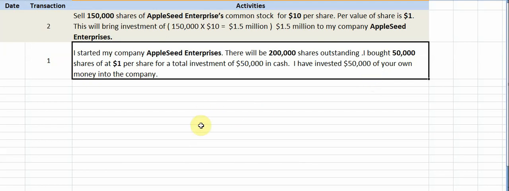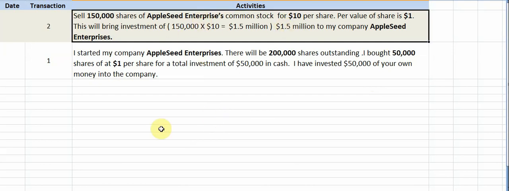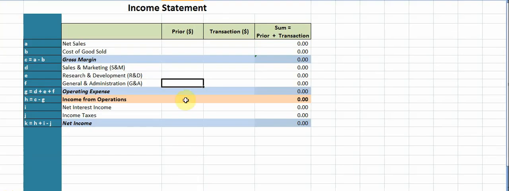Now let's see what are the entries I need to make in the three financial statements for this transaction. So let's go to the income statement. So this is the income statement. Do I need to make any entry in this income statement for the transaction?